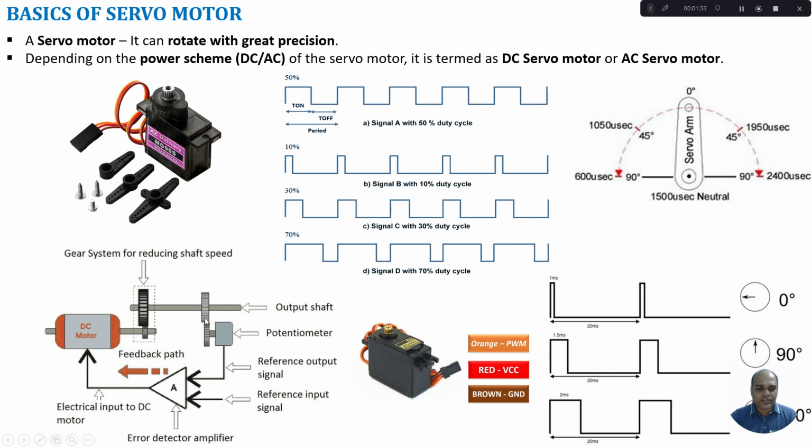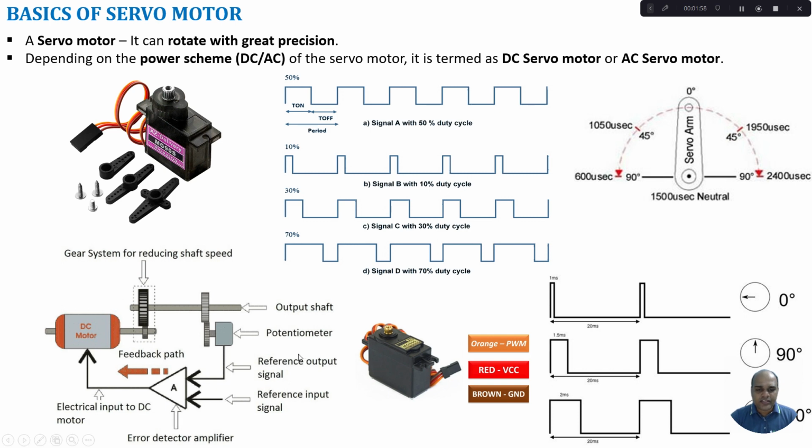We try to measure the shaft position, and this shaft position is compared with the reference input signal. If there is any deviation between the shaft position and the reference input signal, an error signal will be generated, and this error signal will be used to control the position of your DC motor shaft. So thereby precise positioning can be achieved.